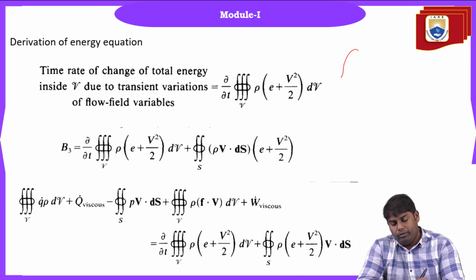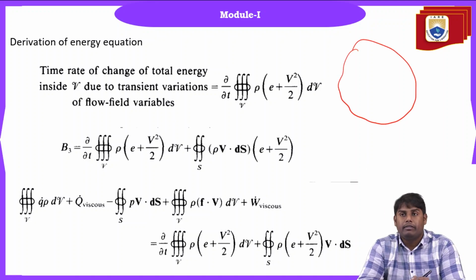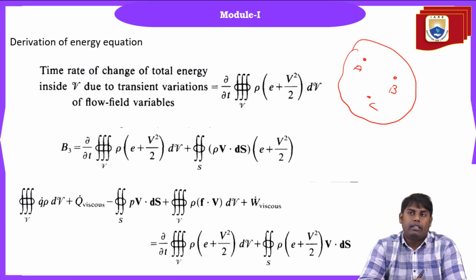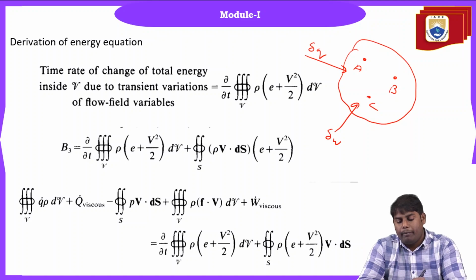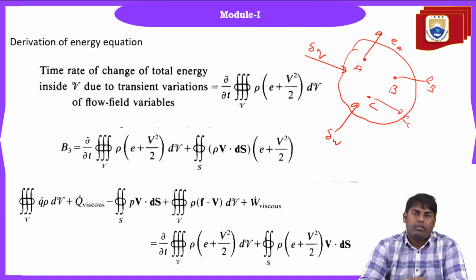As I told you, let's say you have molecules A, B, and C. When heat delta Q is applied and work delta W is applied, the internal energies EA, EB, EC will change.